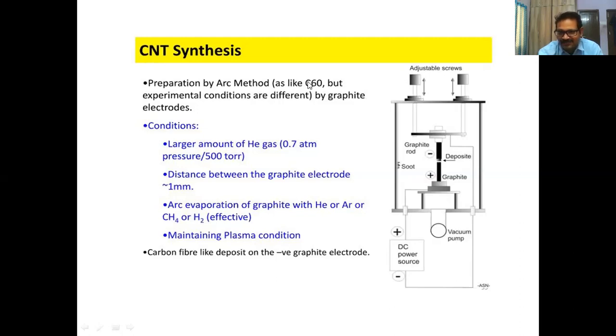These spherical balls, when you open them in the form of a sheet, then we normally get graphene. That graphene, when rolled, then we normally get carbon nanotubes. So the preparation by arc method is similar to that of C60 fullerenes.